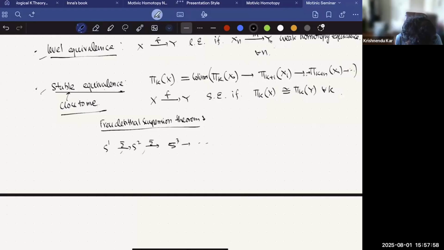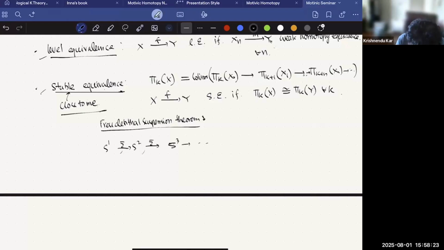Now what it tells you is that after taking enough suspensions, your homotopy groups will stabilize. That's all it says. Your homotopy groups will not change after enough suspensions. I can't recall the exact theorem off the top of my head right now.